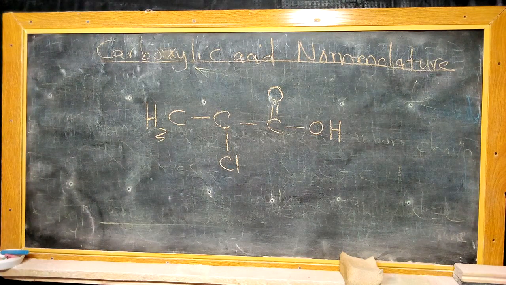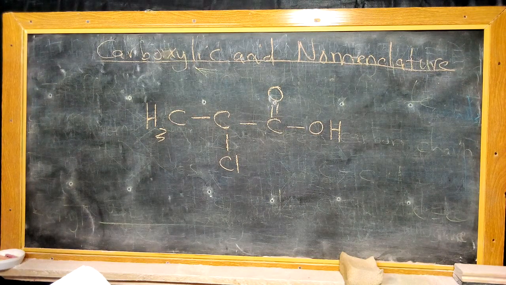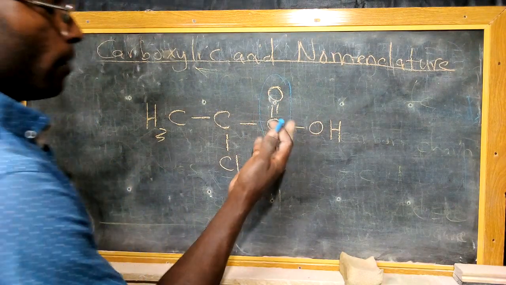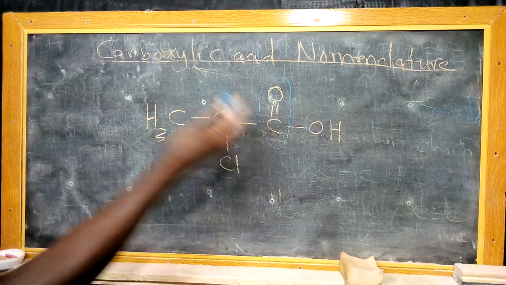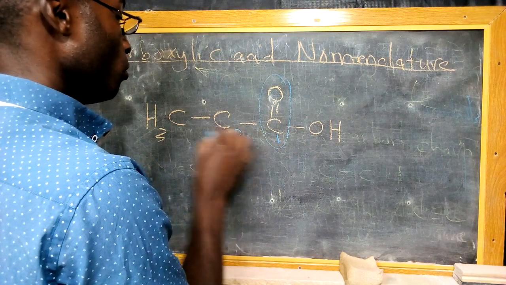We have said that numbering begins at the carbonyl carbon, and we shall begin from this particular point. We see we have the functional group for a carboxylic acid, so definitely it's a carboxylic acid. So the numbering begins at this point, 1, 2, 3.